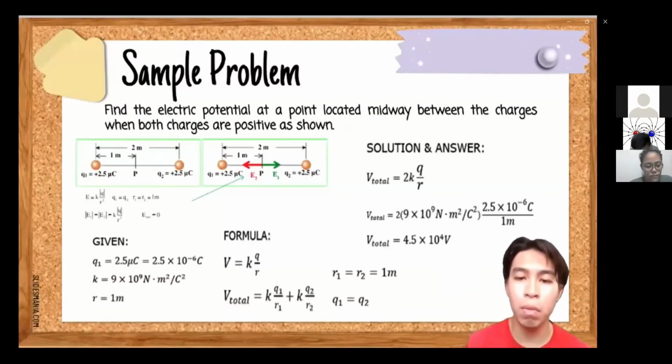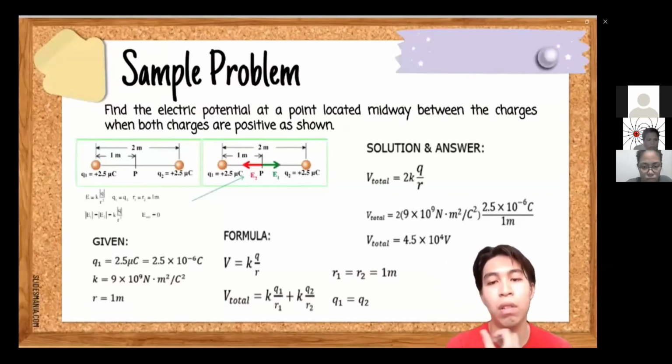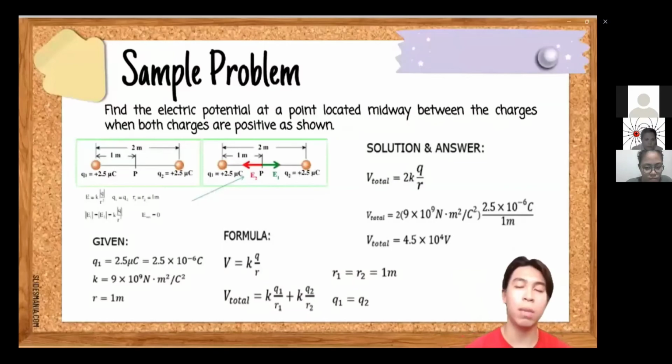So 2 times the constant, 9 times 10 raised to 9 newtons times meter squared over coulomb squared times 2.5 times 10 raised to negative 6 coulombs, so over 1 meter. And yung answer natin magiging 4.5 times 10 raised to 4 volts.